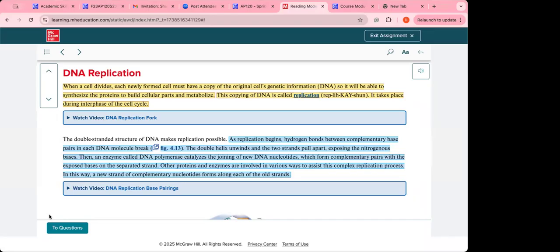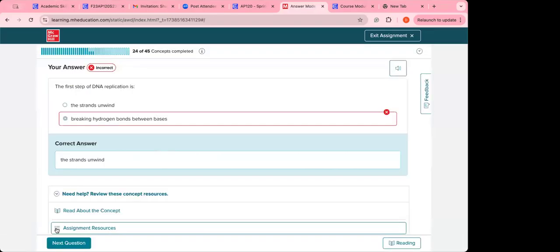Yeah, I don't know what to say about that. You have to break the bonds before the helix can unwind. I'm not sure, but if we get the question again, we'll know what we should put, unless they reframe it for you. Okay, let's go back.